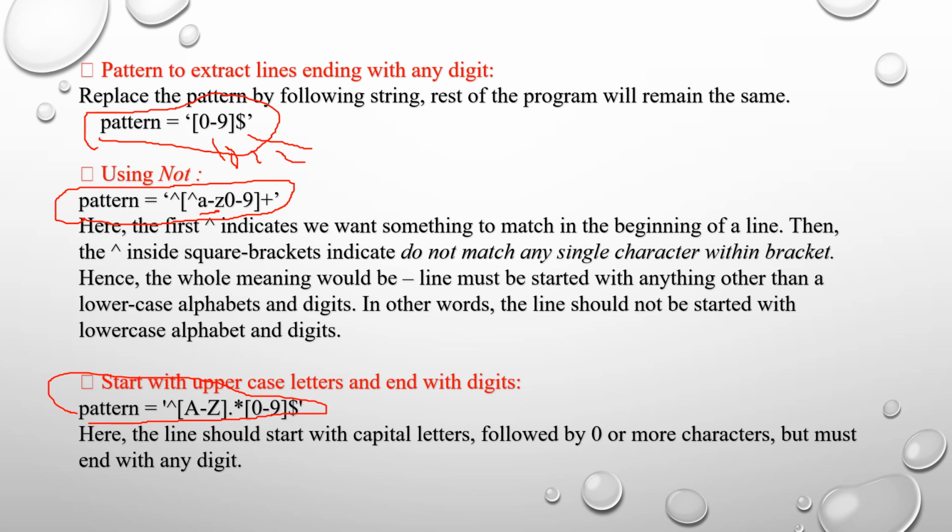So here the line should start with a capital letter, specified by A to Z, followed by zero or more characters, but must end with any digit. So here I am using the dollar character, and before it I am specifying 0 to 9, which are the digits. So this is the pattern: start with an uppercase letter and end with a digit.